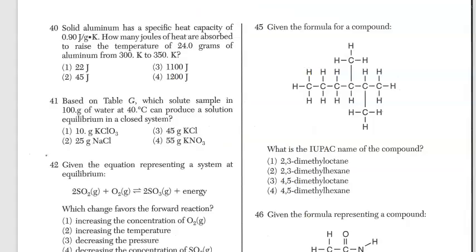Okay, speaking of organic, let's look at 45. Here we have the structural formula of a compound, and you're asked what's the name. When you name organic compounds, the first thing you want to do is look for the longest carbon chain. In other words, it could be these carbons straight across, of which there are 6, or I could go straight and then up, but that's only 5, or I could go straight across and down, and we're back to 6.